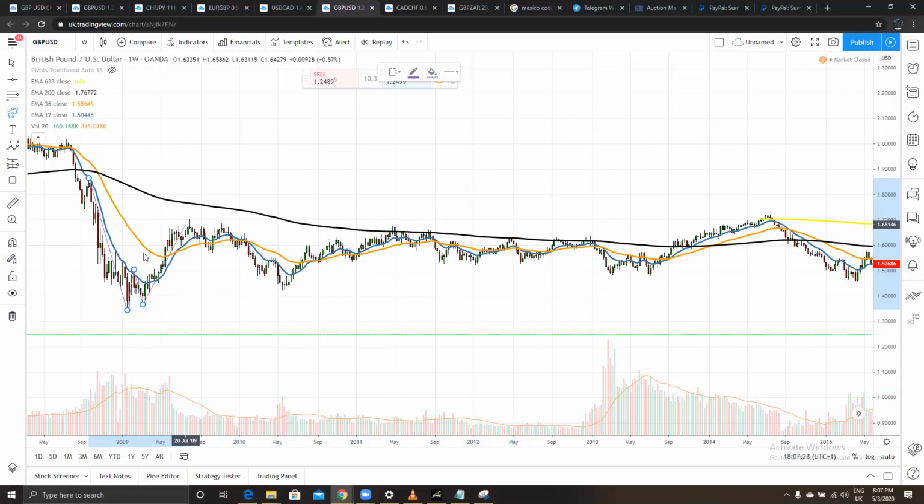But we can be seeing some intermediate trend change that will occur in price, such that when price now starts to gravitate towards the 200 EMA, those intermediate trends will now be in check.